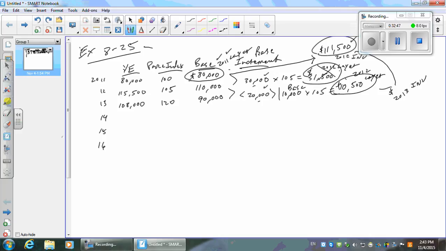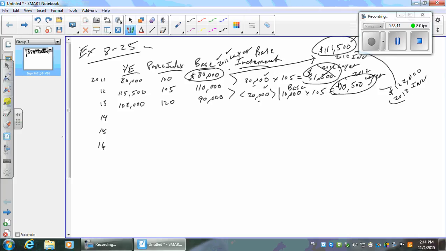Well, it's going to go on my balance sheet. It's 111.5, the 2011 layer, plus what's left of the 2012 layer. There is no 2013 layer, right? We didn't add anything in 2013, right? So what's my 2013 inventory? 122,000.